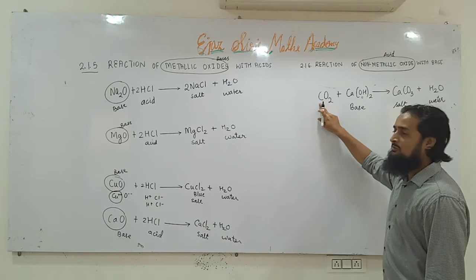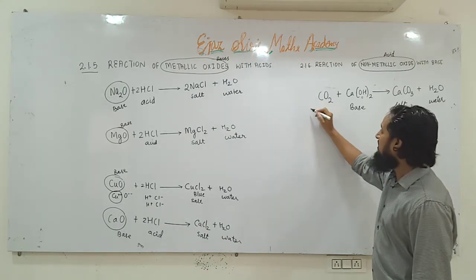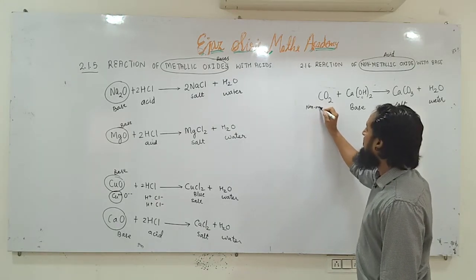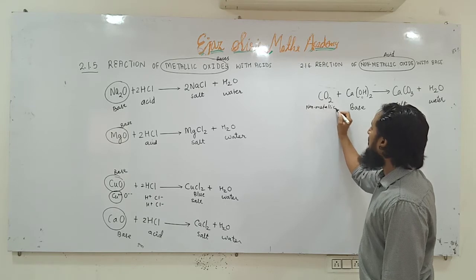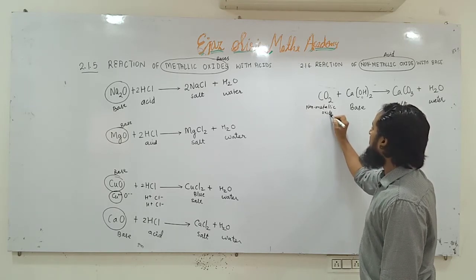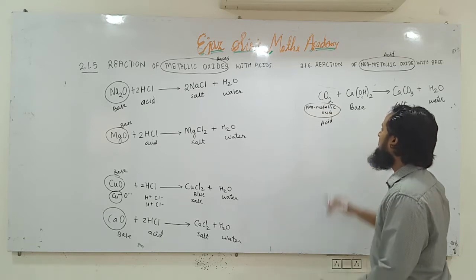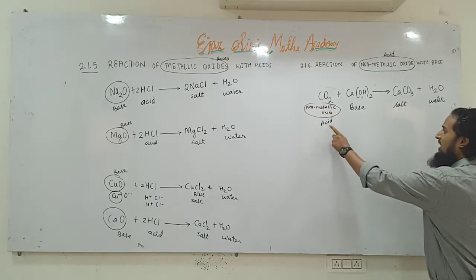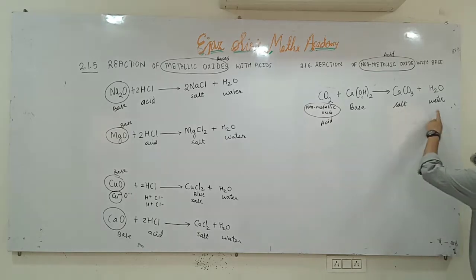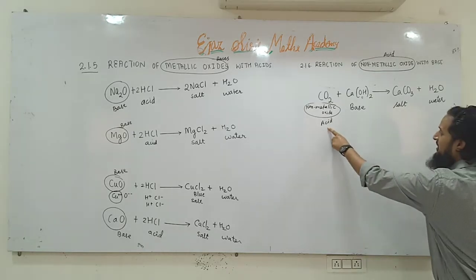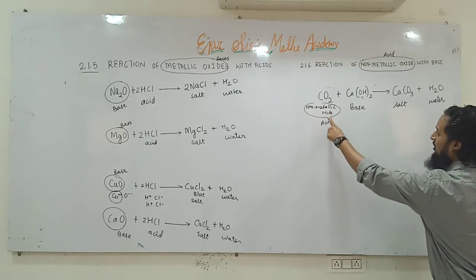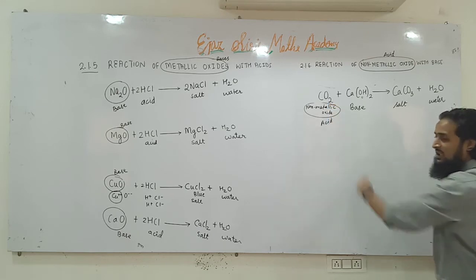And what is this? Carbon is a non-metal, so it is a non-metallic oxide. And what is it behaving like? This non-metallic oxide is behaving like an acid, because acid plus base give salt plus water. So carbon dioxide is behaving like acid.